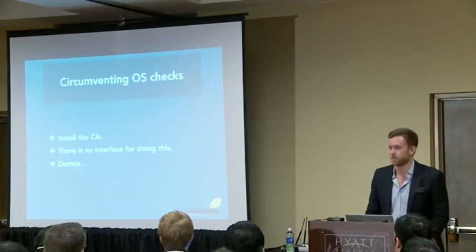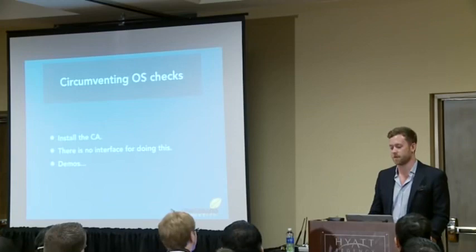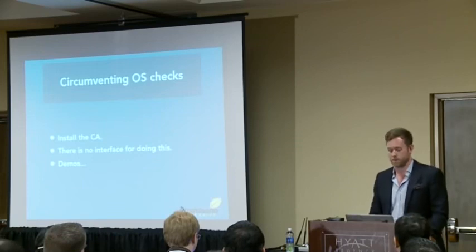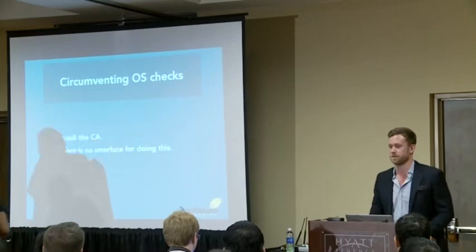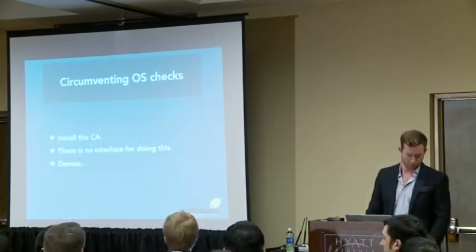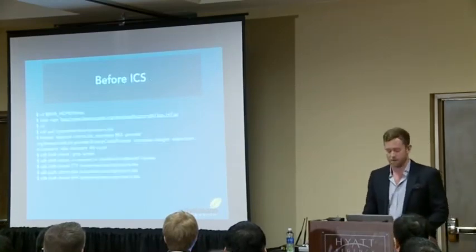the operating system checks. The Android operating system has a local trust store. There are two different versions depending on which version of the operating system you use. There's no interface for installing this stuff. It's either a Bouncy Castle file that you have to import the cert into, or a directory that has text-based certs.